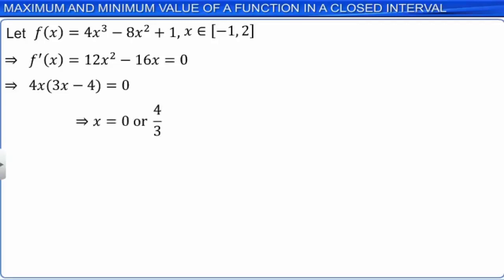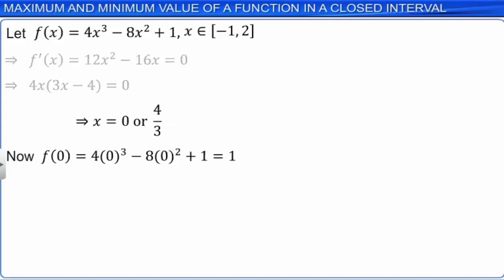Next, we find the value of the function at these points. The value of the function f at x = 0 is 1. The value of the function f at x = 4/3 is -101/27.